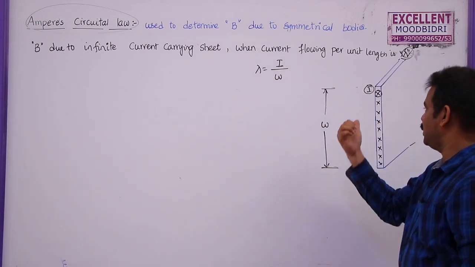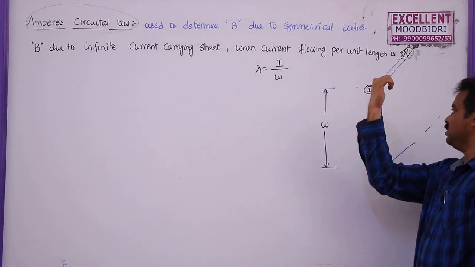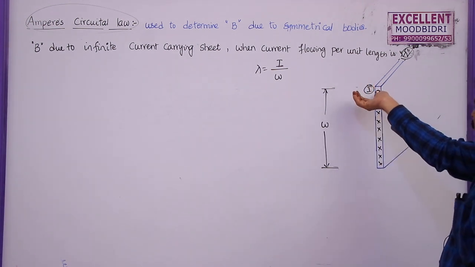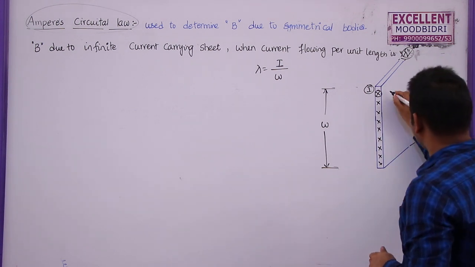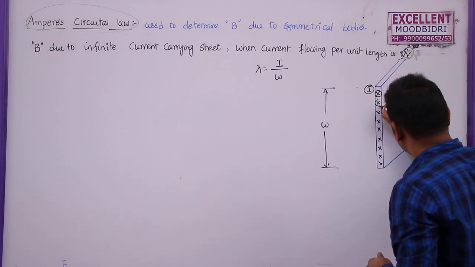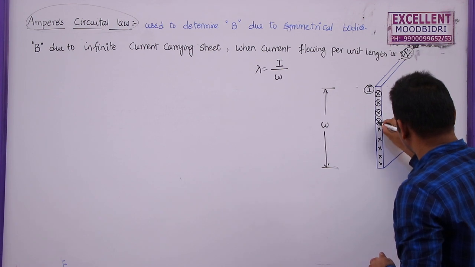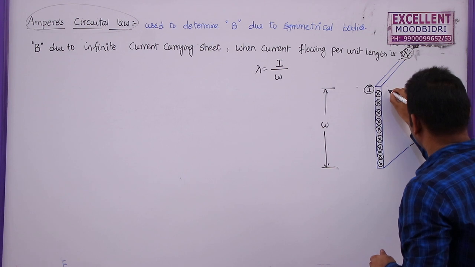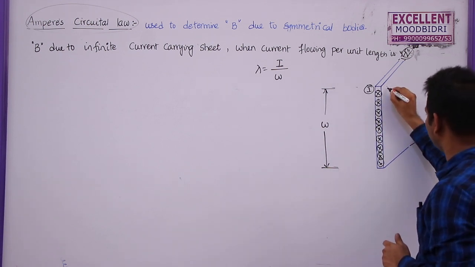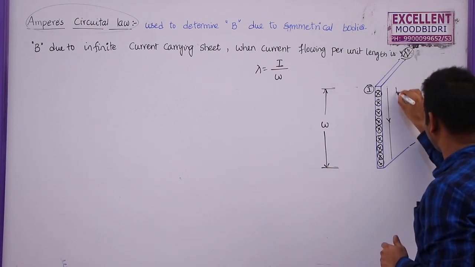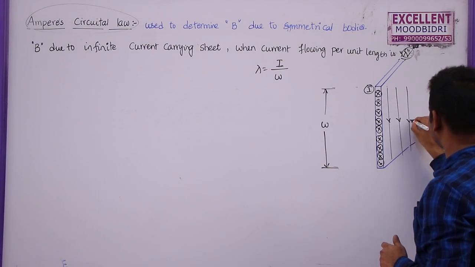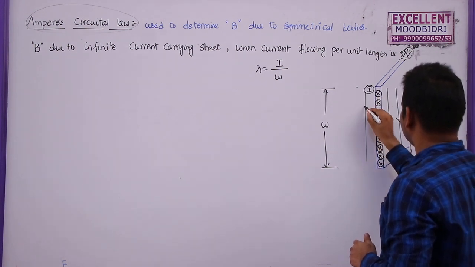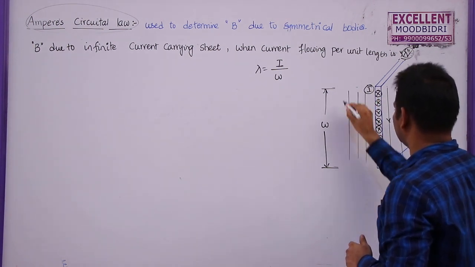So due to all these currents, the field on the right side of this sheet will be downwards. This is the direction of the magnetic field. And in this direction, the field is upwards.